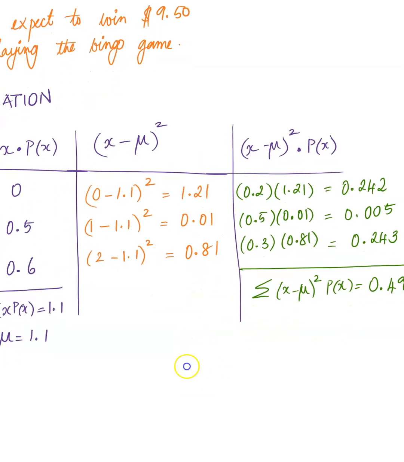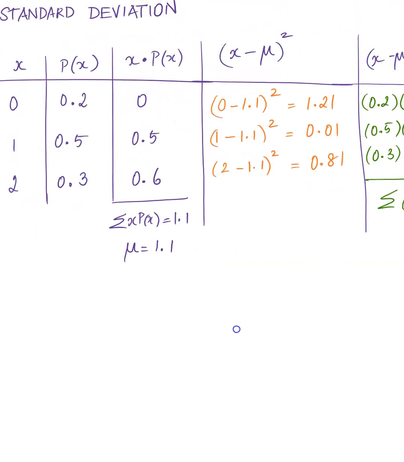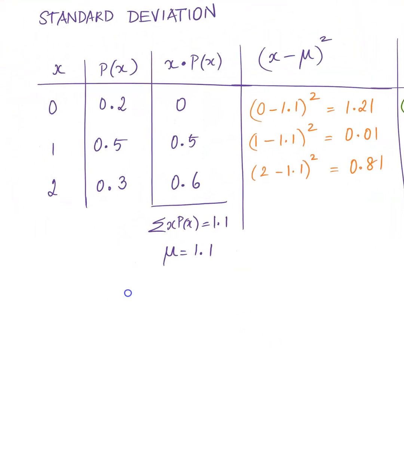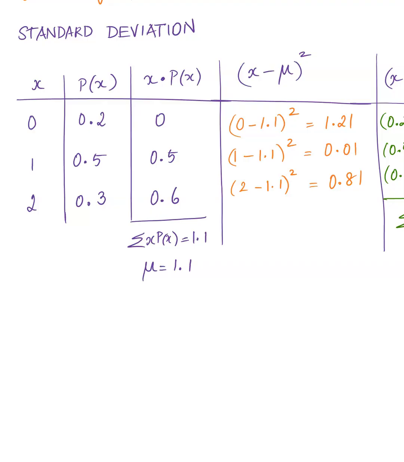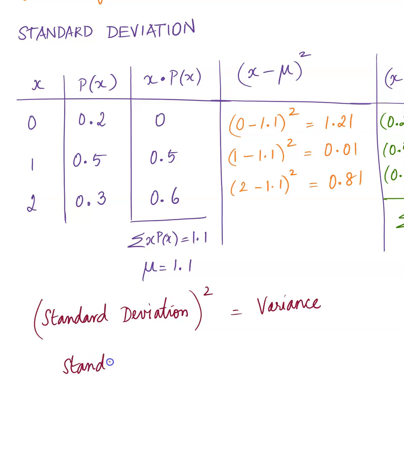Okay, so I'll come over here to the main frame and I'll say standard deviation when you square it, okay, so I put the square, that is your variance. Okay, if you wanted the standard deviation by itself, then you need to take the square root of the variance.